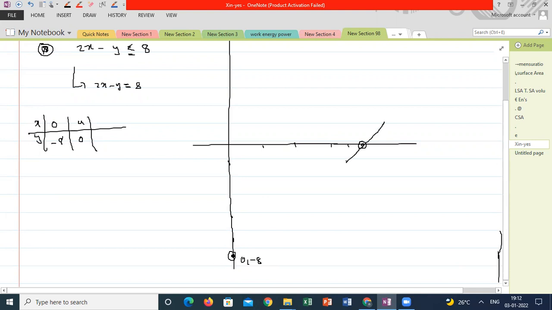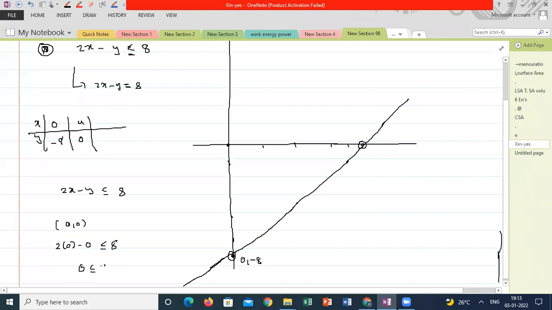The line joining these two points: because of the equality symbol, each and every point on the line is also a solution. But in this case, above the line or below the line is a solution. How will I know? The whole plane is divided into two parts, one on the origin side and one on the other side. I substitute 0 comma 0 into 2x minus y less than or equal to 8. I get 2 into 0 minus 0 is less than or equal to 8, so 0 is less than or equal to 8.